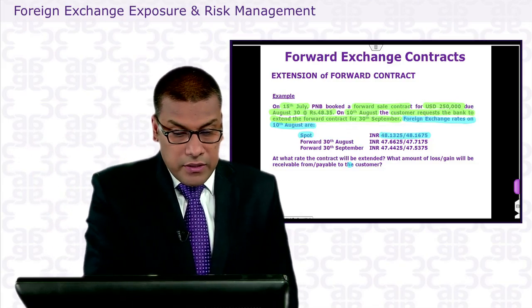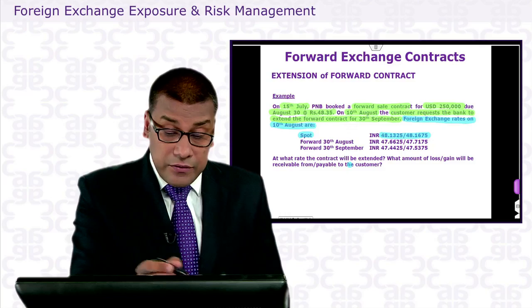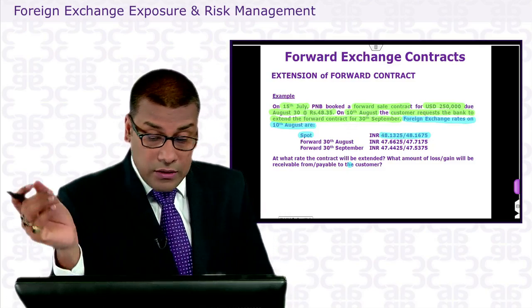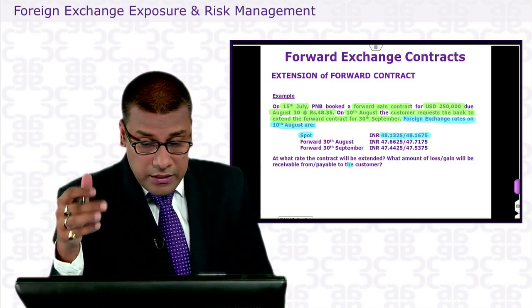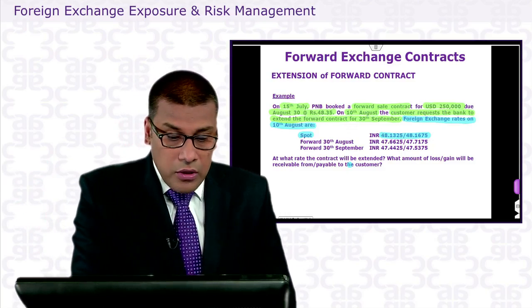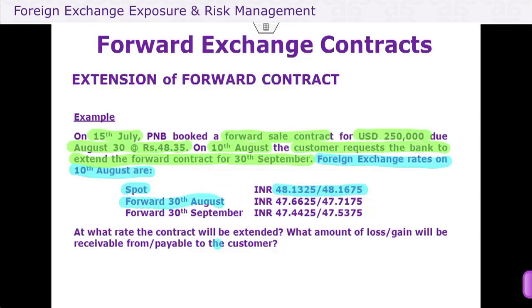And then there are some forward rates. These are outright rates being given, that means including margins, quoted straight away. In this case, it's quoted at discount. So the forward 3 months contract is 47.6625, 47.7175, and the forward 30th September contract is 47.4425, 47.5375.